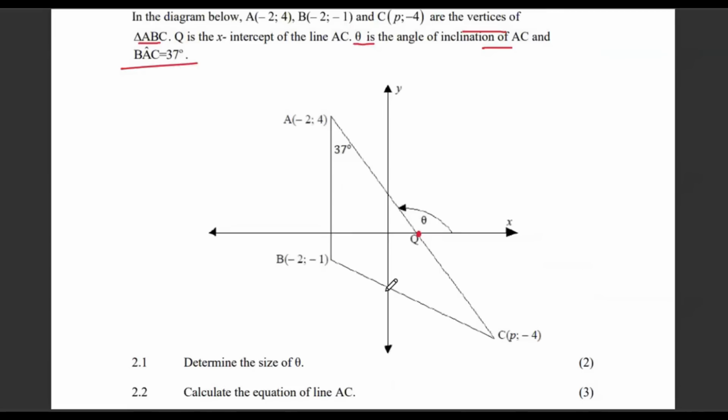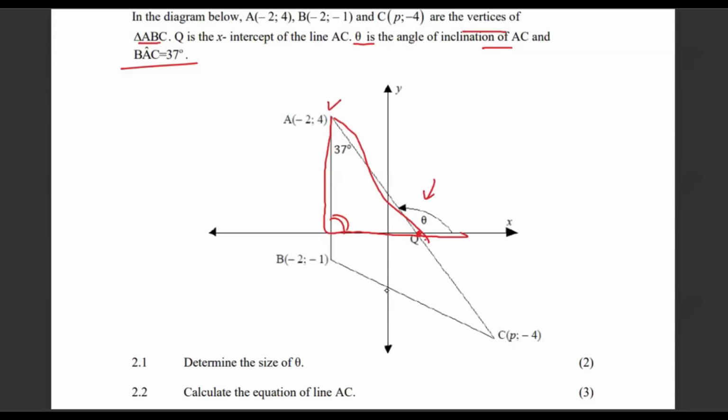Wow. What do we do? Anybody? Okay. So since this theta is an exterior angle, I can just focus on this triangle here. What I need is to get this angle.